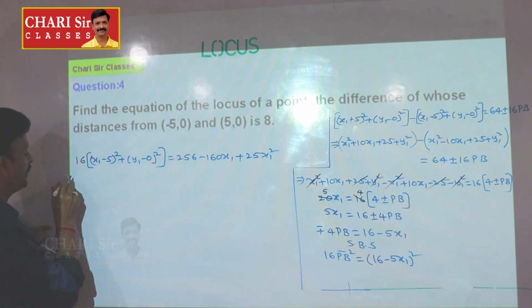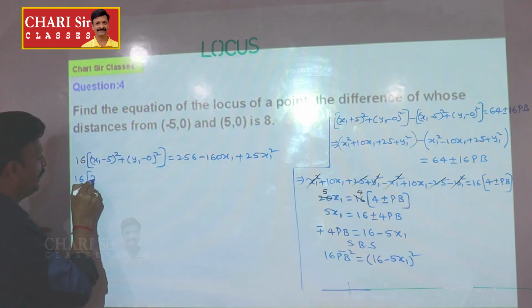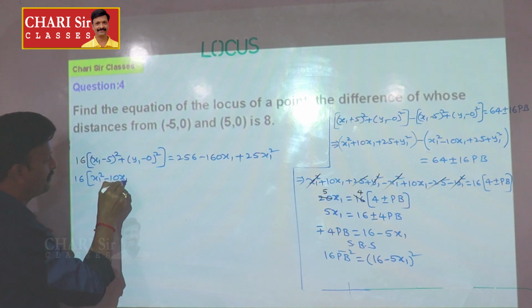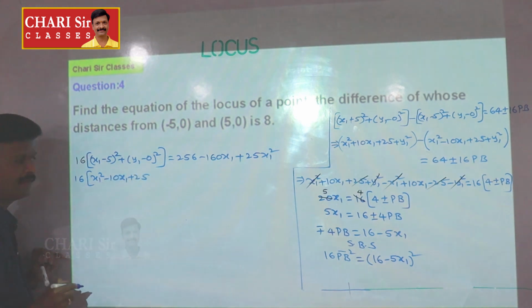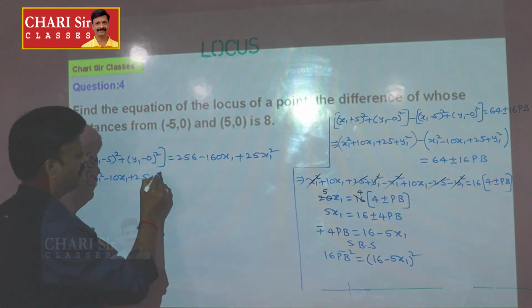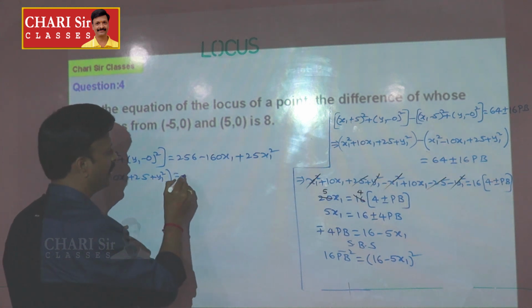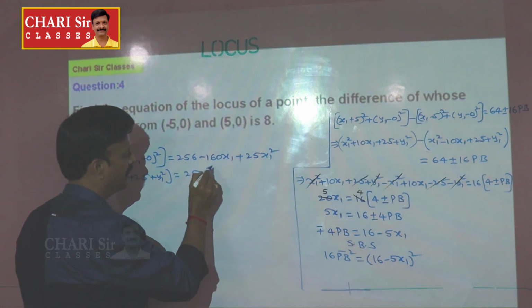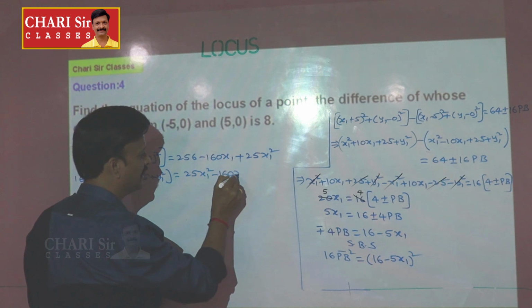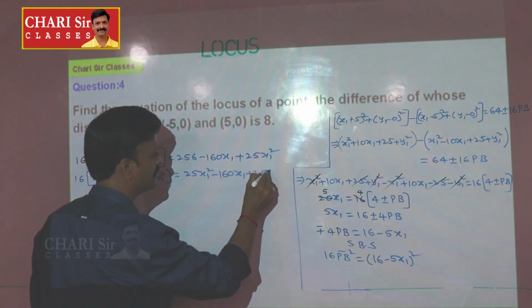Now here also we need to expand, that is 16 into x1 square minus 10x1 plus 25, this one, plus y1 square, which is equal to, we can write 25x1 square minus 160x1 plus 256.